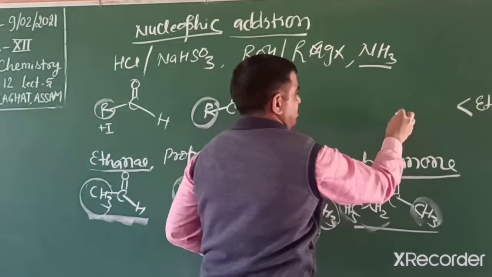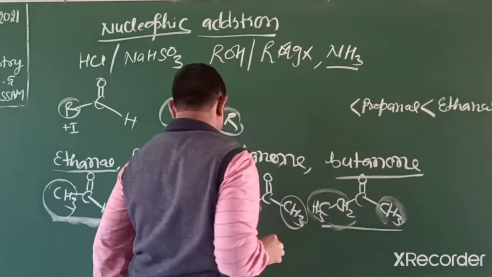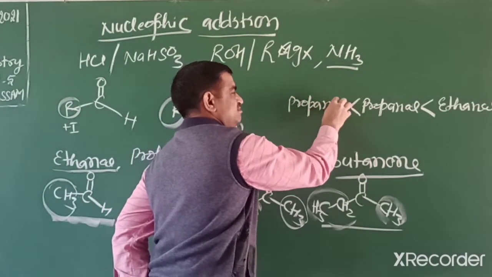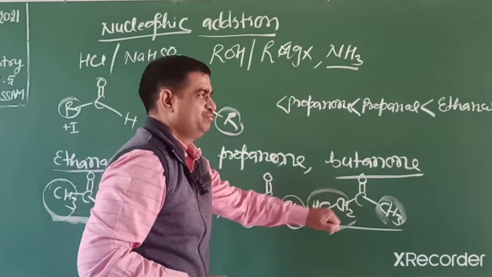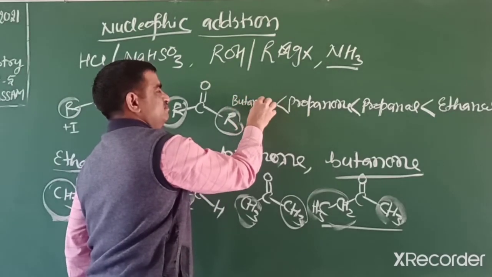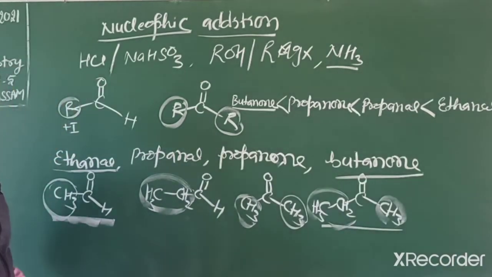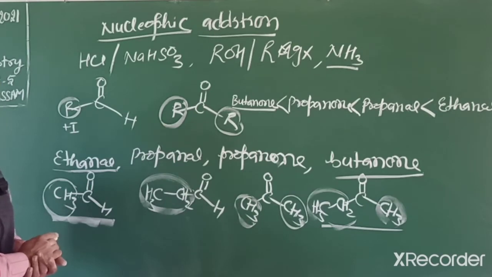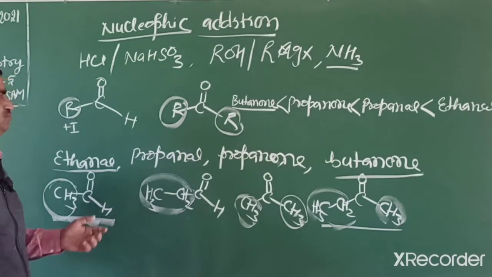So which one is most reactive in this? Ethanal. We can write ethanal as most reactive. Then propanal, then propanone, and the least reactive towards nucleophilic addition among these compounds is butanone. So in this way, first you identify between aldehydes and then ketones which has the larger group; the reactivity is lower or weaker due to steric hindrance.